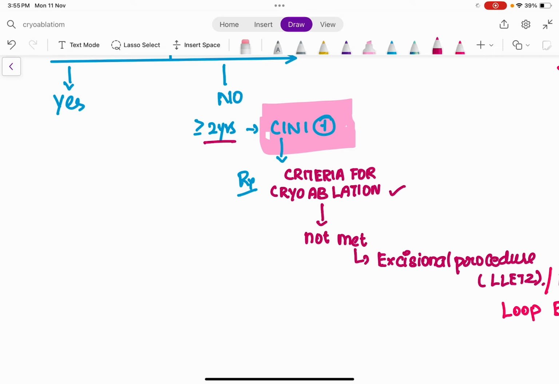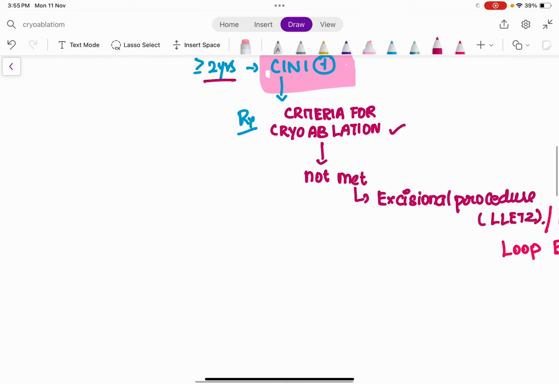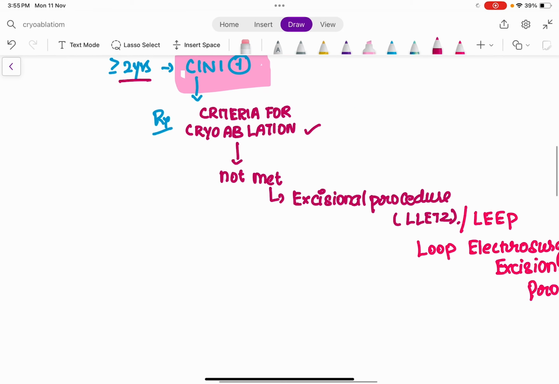If the criteria are fulfilled, you can perform cryoablation in that patient. But if the criteria are not fulfilled, you have to do excisional procedures.